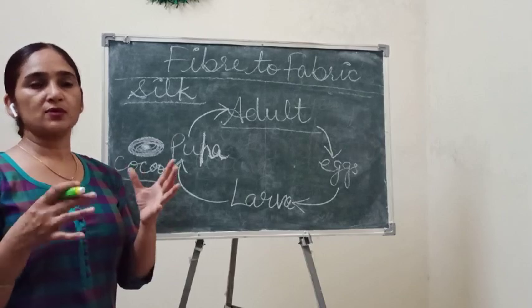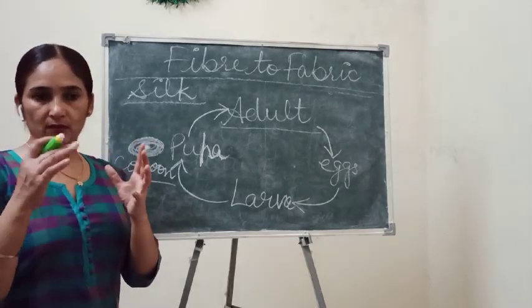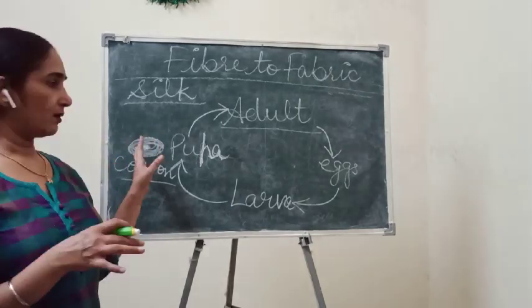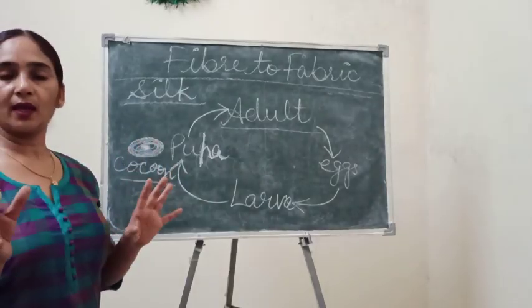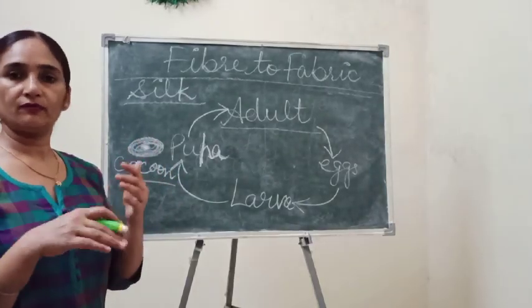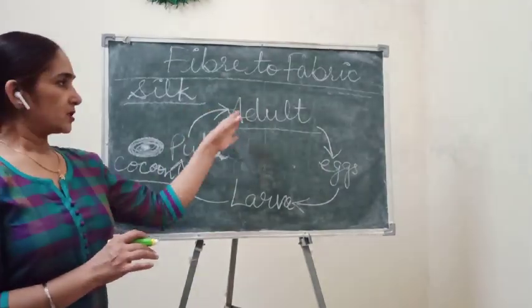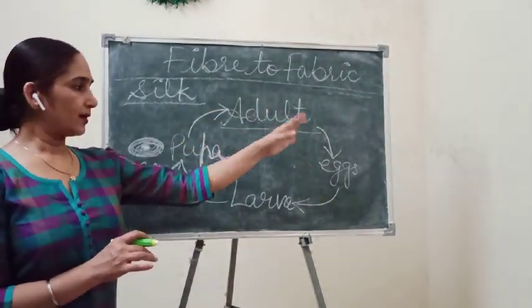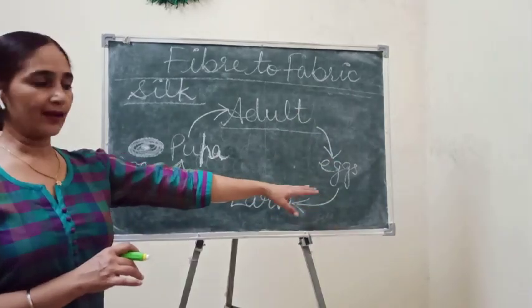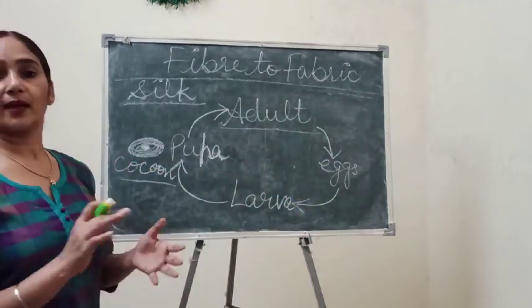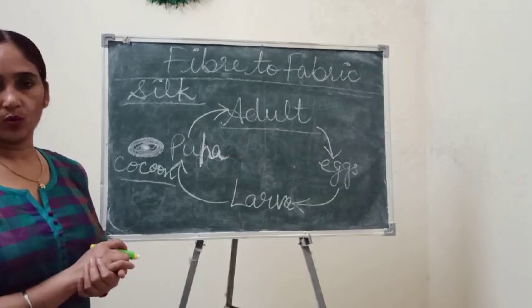So suppose 10 cocoons are there, then they only collect 5, and 5 they leave on the tree, so that they can change into adults, and the adults will again lay eggs, and again they can get more and more cocoons.